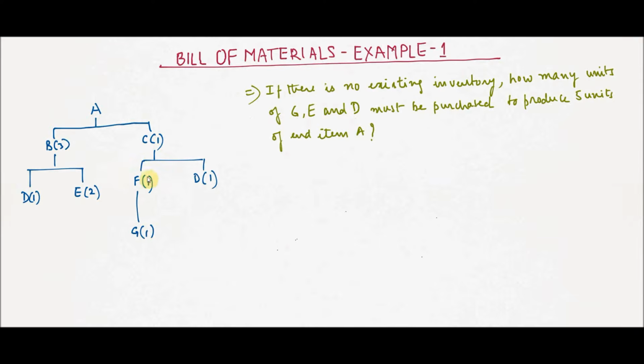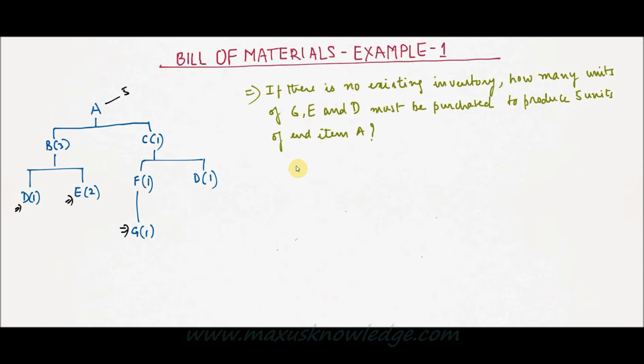So G, which is this one here, E, this one here, and D, this one here. So basically they're saying if 5 quantities of A are to be produced, then how many quantities of E, D and G are required to be purchased?